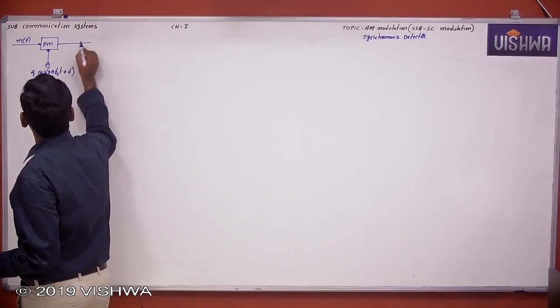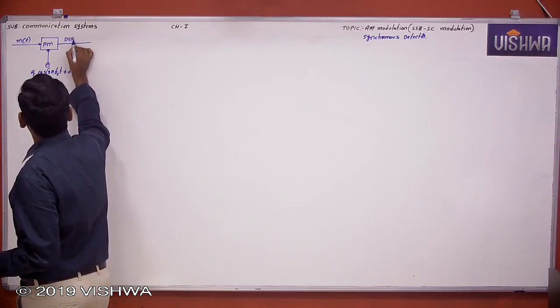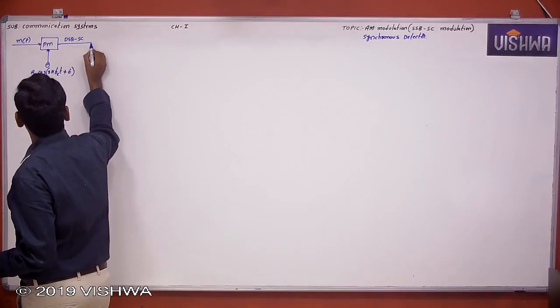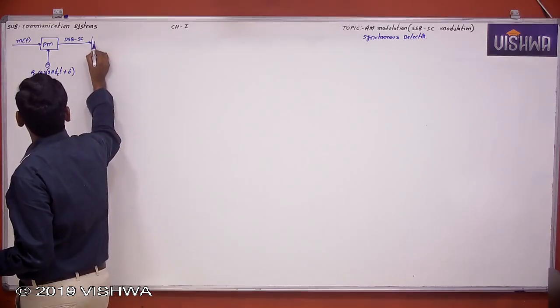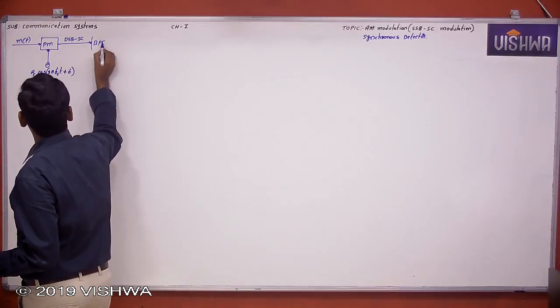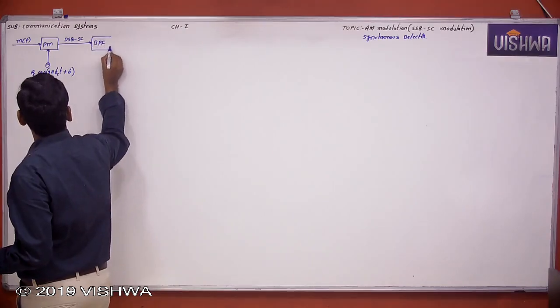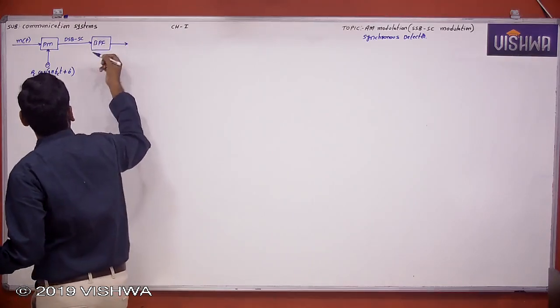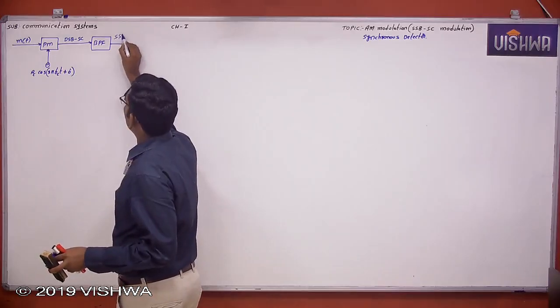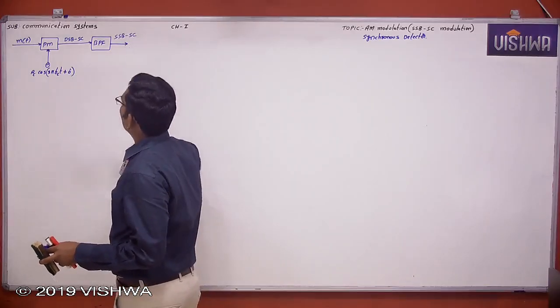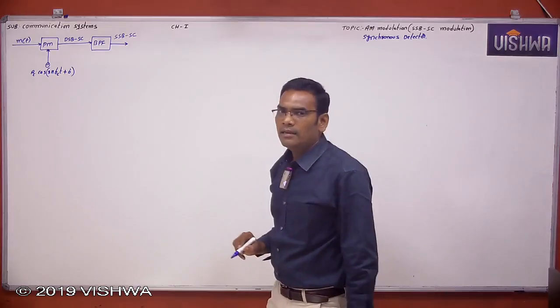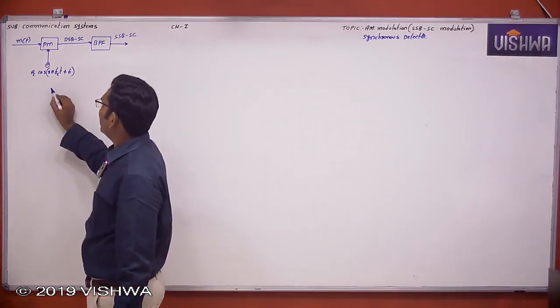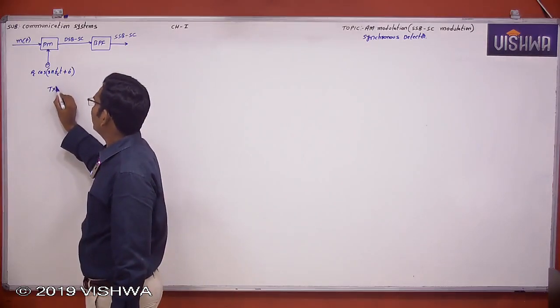This is a DSB-SC signal, but I want an SSB-SC signal. So using a proper filter, you can get back an SSB-SC signal. Otherwise you go for the phase discrimination method also, not a problem. Now this is the SSB-SC modulated signal, and this is the transmitter portion, right?